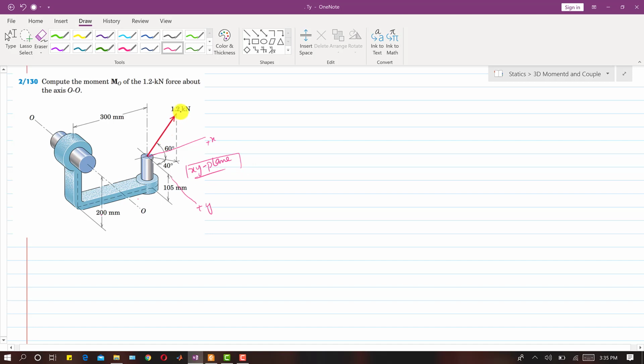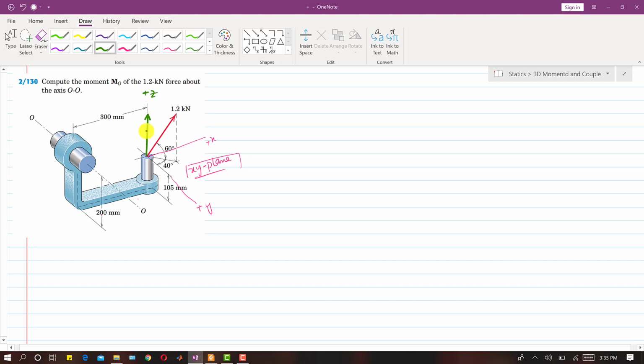To find the moment of this 1.2 kN force, we will resolve this force into its components, right? So if I resolve this force into its components, this will be its first component along the z-axis. So if this is the positive z-axis, then this will be the component along z.